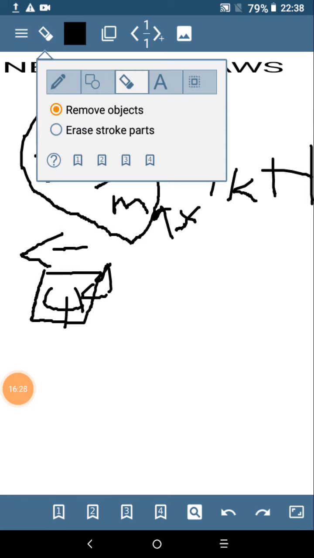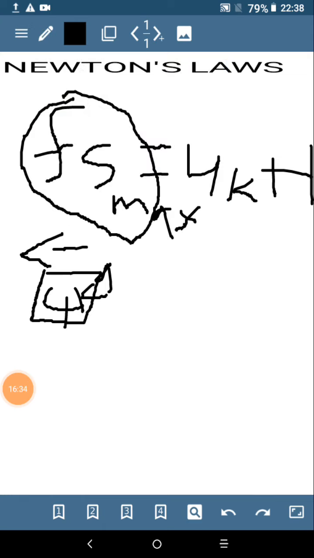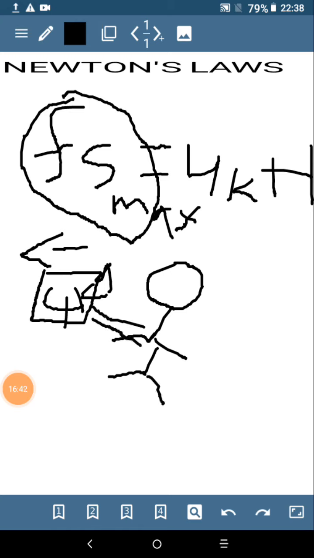Now I want to come to the concept of the maximum static frictional force. So let's say the guy called his father, let's make him big. The father definitely has more power than his son, so he's definitely going to move the object.